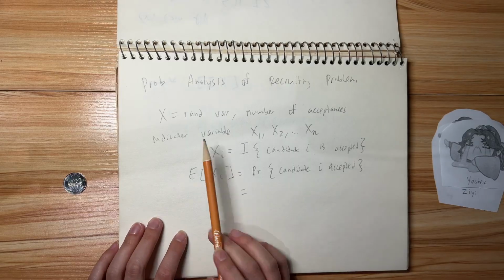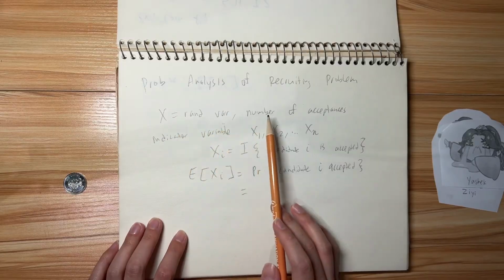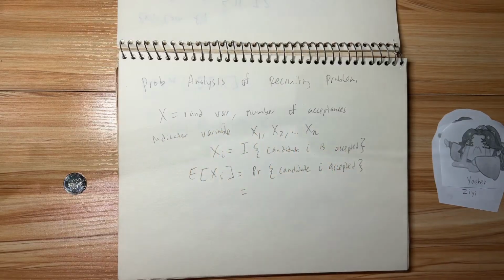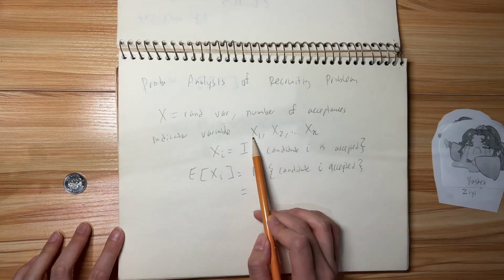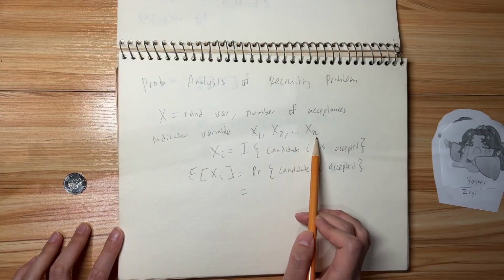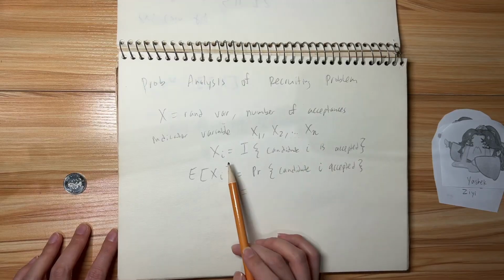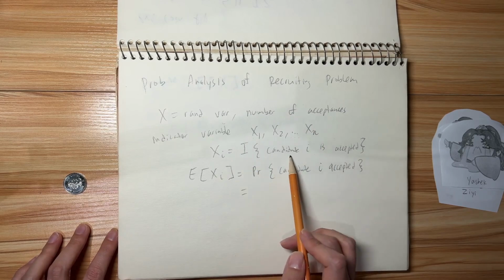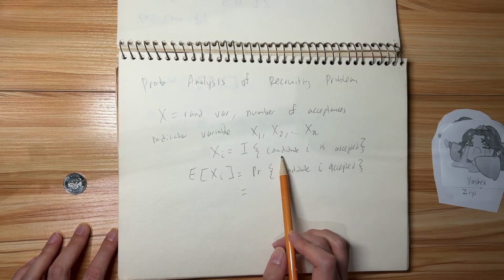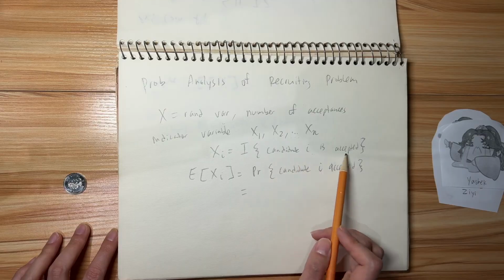We're going to say X is the random variable for the number of acceptances, or the number of times that you hire or accept this new disciple. Our indicator variables will be x1, x2, up to xn, where xi is equal to the event that candidate i is accepted.